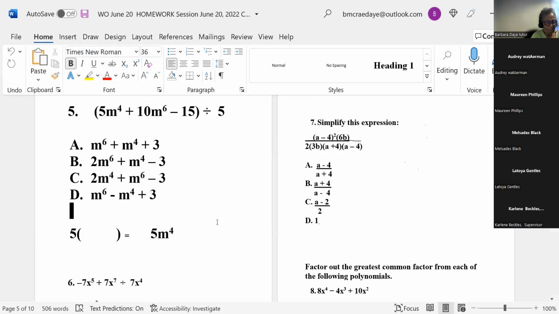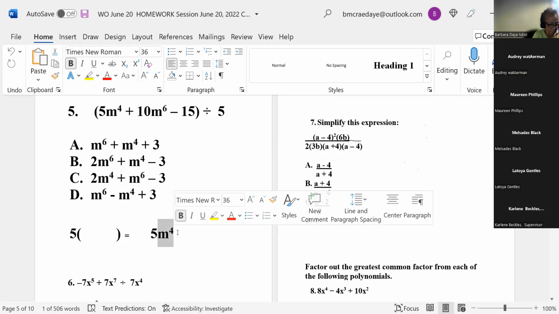Maureen, 5 times what number gives you 5? 1. So then your variable would just be what? 1m to the 4th? No, it'd just be m to the 4th. Right. So 5 times m to the 4th would give you 5m to the 4th.